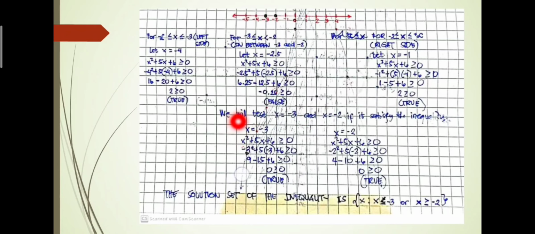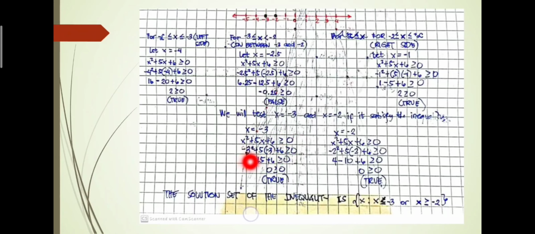Next is we are going to test x is equal to negative 3 and x is equal to negative 2 if it satisfy the inequality. Diba yung nakuha nating values negative 3 and negative 2. So, i-check natin if yung negative 3 and negative 2 part ba sa solution. So, x equal to negative 3, substitute lang negative 3 sa x sa original na quadratic inequality.